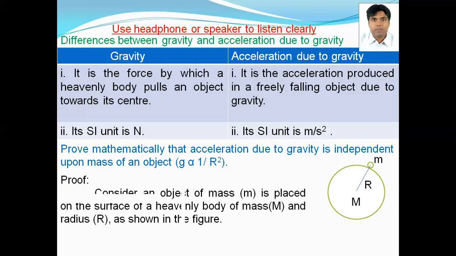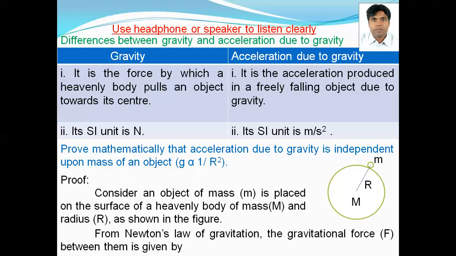Okay, so as there are two objects, heavenly body and object, there is a force of attraction, that is the gravitational force of attraction. And so gravitational force F, you know, is G m1 m2 by d square.